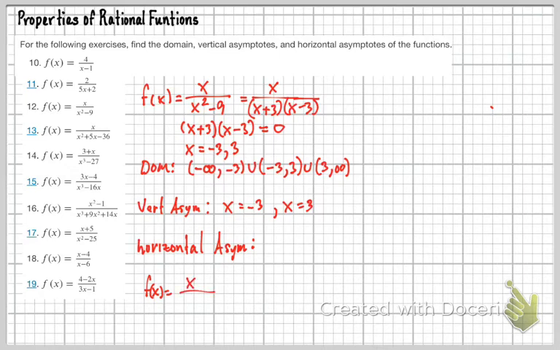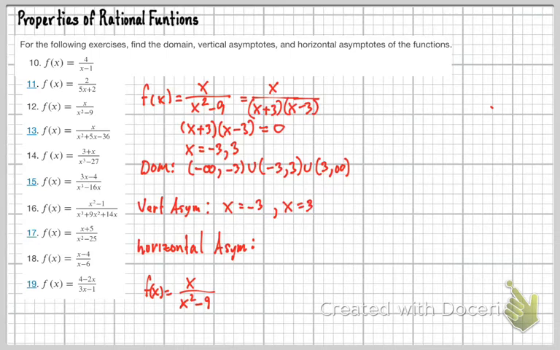So this is x over x squared minus 9. Okay. So the idea of horizontal asymptotes is I'm watching the y values here. But I'm trying to pick large numbers as my x goes to positive and negative infinity. So that's hard to explain in words. Even hearing me, you're probably like, what?